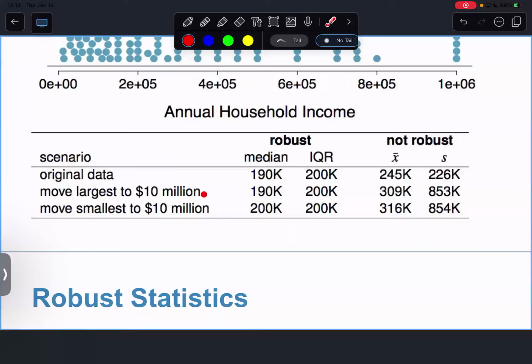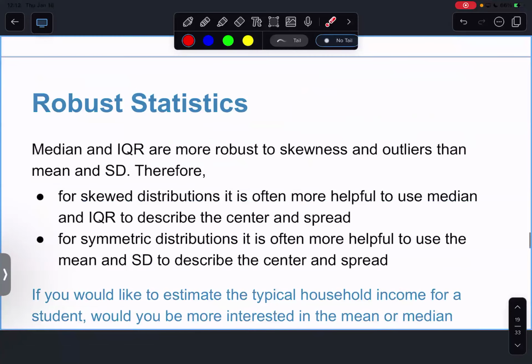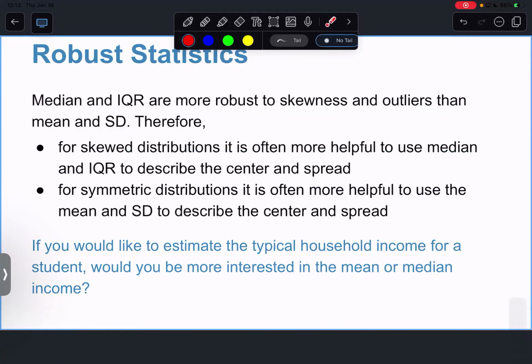And then if we change the largest value to $10 million, right? The median would not change, but the mean would, right? And then if we move the smallest data point, so we take the smallest and we make it 10 million, kind of bump it to the side, of course, the median is going to change just slightly, and the mean is going to change quite a bit. Yeah? And so for skewed distributions, we use the median and the interquartile range.